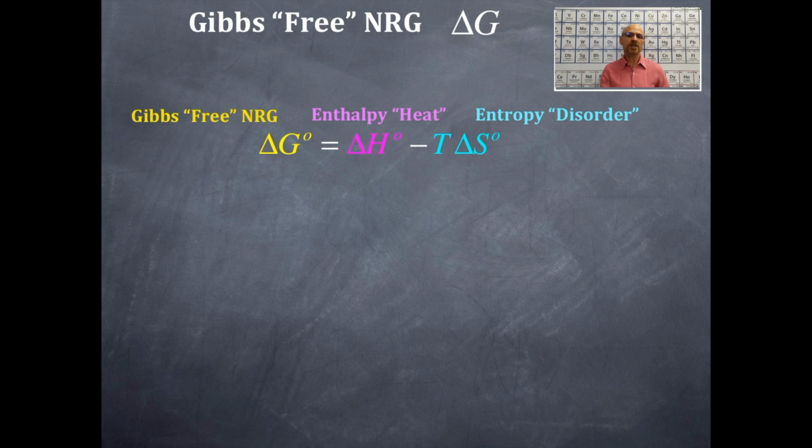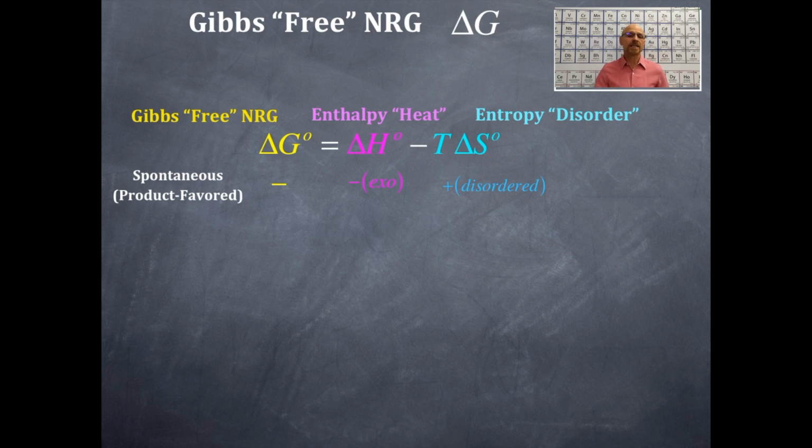So let's get into the details about the signs of these parts to figure out what is going to happen with the Gibbs free energy value. When it's a spontaneous reaction, that would be product favored, and delta G naught is a negative value.